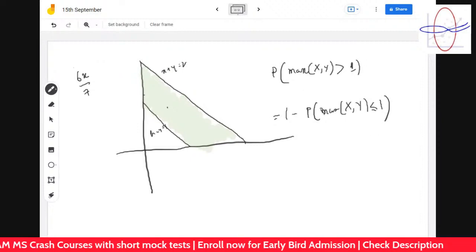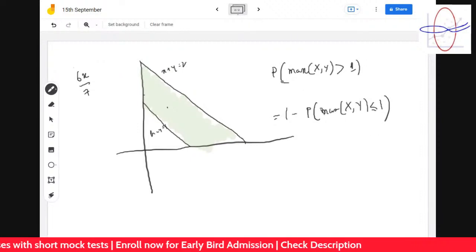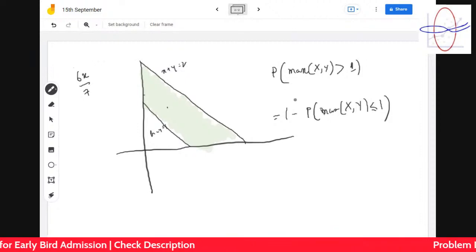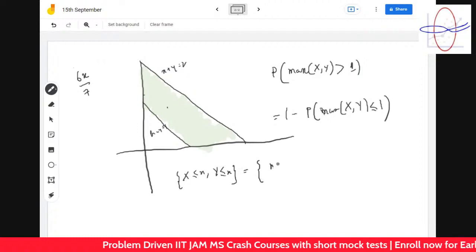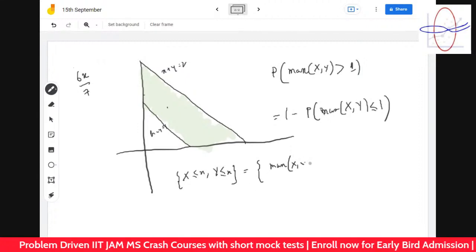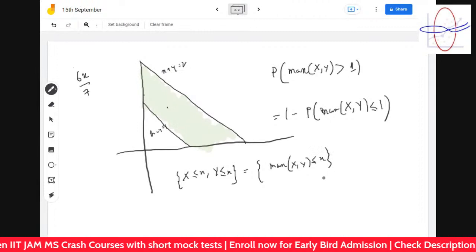Why do we change this? Because of the result that the event x less than or equal to x and y less than or equal to y is the same as the maximum of x comma y being less than or equal to x, which is super important to understand.